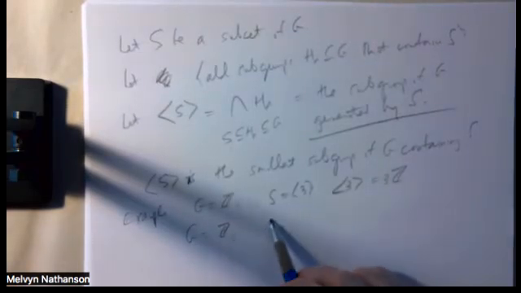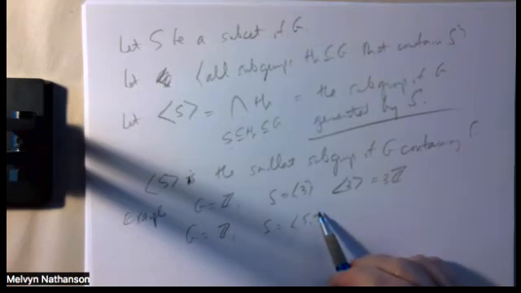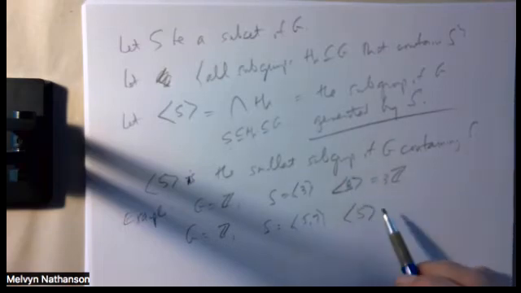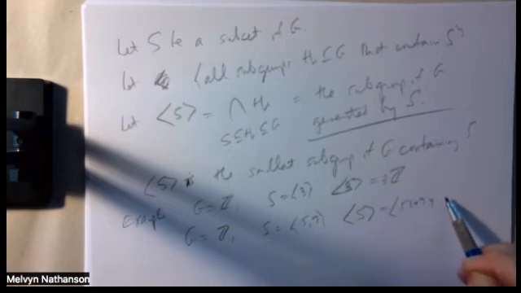So for example, if I let G be the integers and S to be the set just consisting of the number 3, then the subgroup generated by 3 is just all multiples of 3. Because if a subgroup contains 3, it contains all multiples of 3, and that itself is a subgroup. If I take G equal to Z and S equal to, let's say, 5 and 7, then the subgroup generated by S has to contain all multiples of 5 and 7.